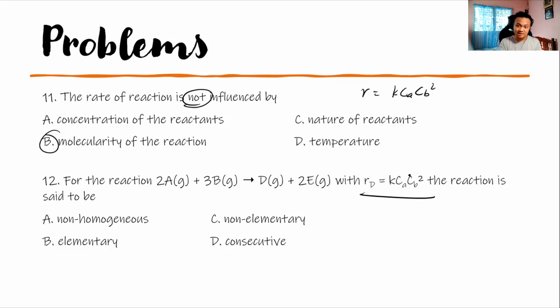If you say that it is an elementary reaction, the exponents here must be the same as the stoichiometric coefficients here. But as you can see, Ca, its exponent is 1, but in the reaction, its stoichiometric coefficient is 2. So it is not the same. And also in B, the exponent is 2, but the stoichiometric coefficient is 3. So meaning that this is non-elementary.